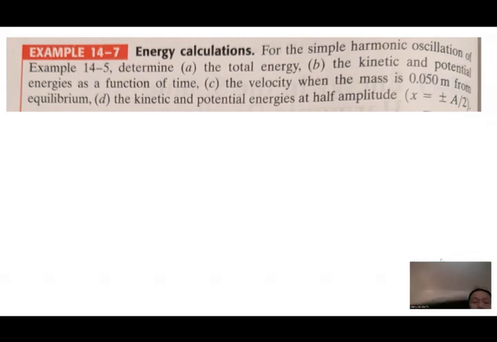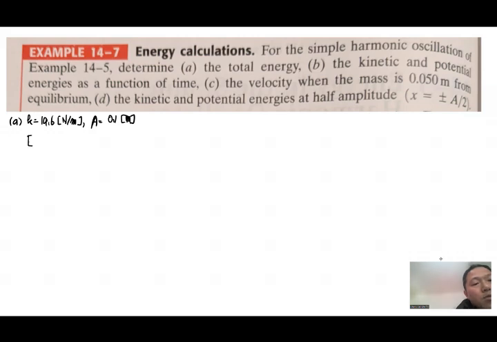So first step is number A. We have to estimate the total energy with the spring constant k of 19.6 Newton per meter, and the maximum amplitude of displacement A at 0.1 meter.